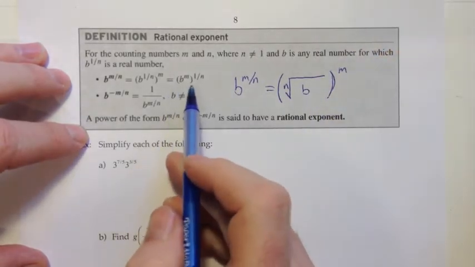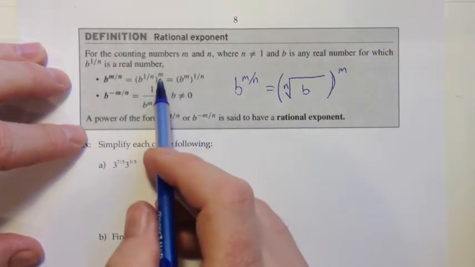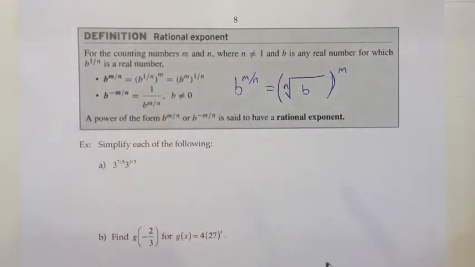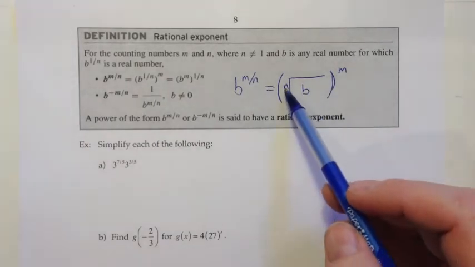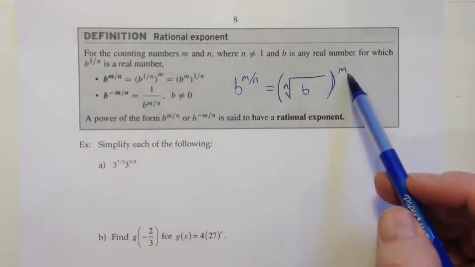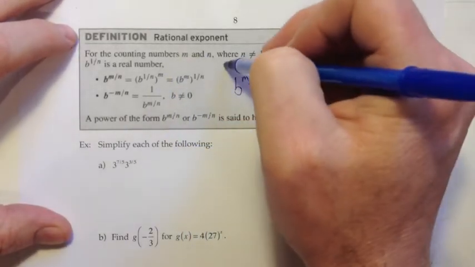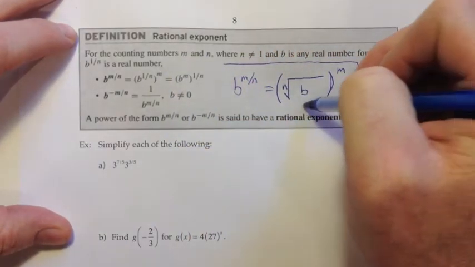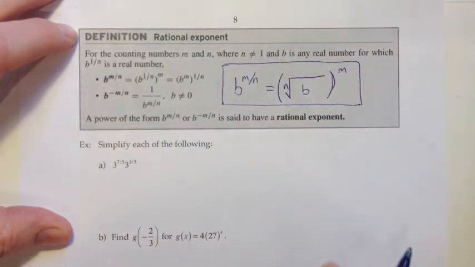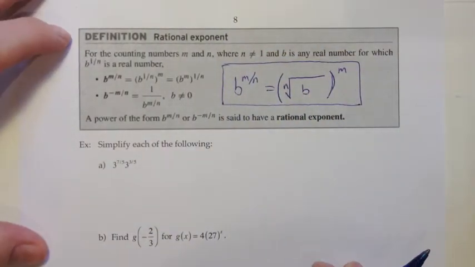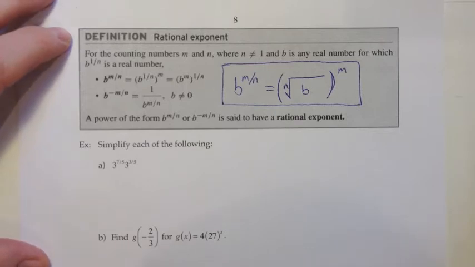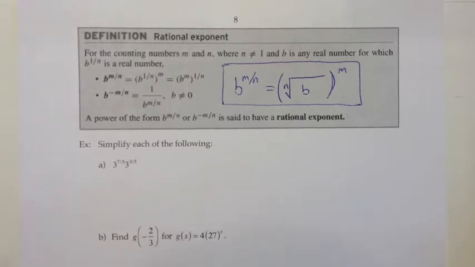That's what they're really saying here when they put the m on the inside versus the outside, is it could be done in either order. But in most cases, you'd rather take your root of a smaller number and deal with the exponent afterwards. So this is really the key thing that I like to think about when I'm converting a rational exponent into a root form.